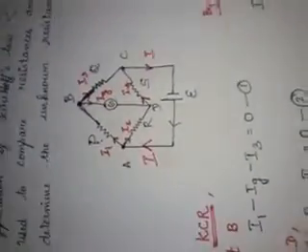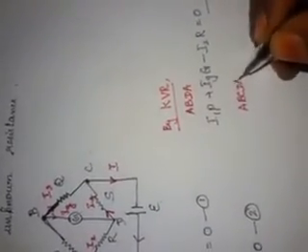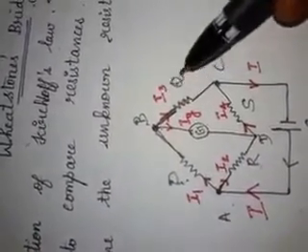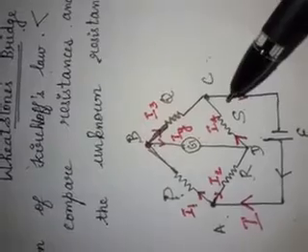Now, another loop, A, B, C, D, A. The entire loop, A, B, C, D, A. Starting from here, I1P plus I3Q minus I4S, because we are moving in this direction, that's clockwise, but here the current is flowing anticlockwise.